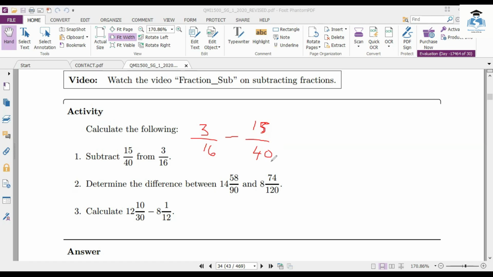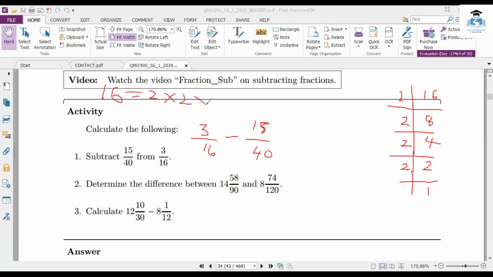Let me just do it for the sake of others. 16, 2 into 16, 8. 2 into 8, 4. 2 into 4, 2. 2 into 2, 1. So for 16, we've got 2 times 2 times 2 times 2, right?